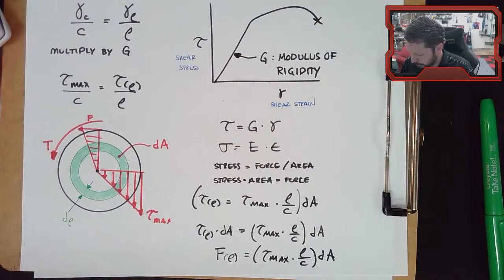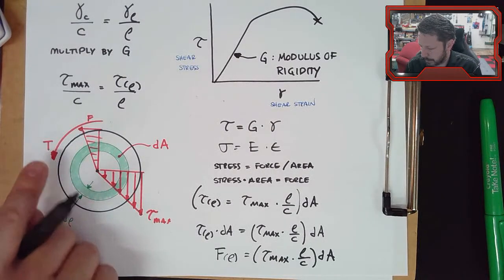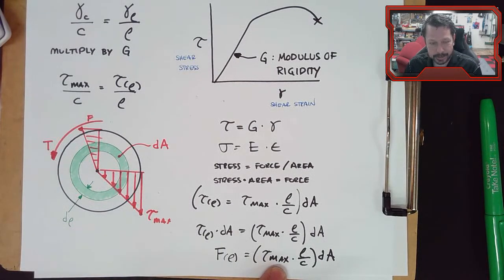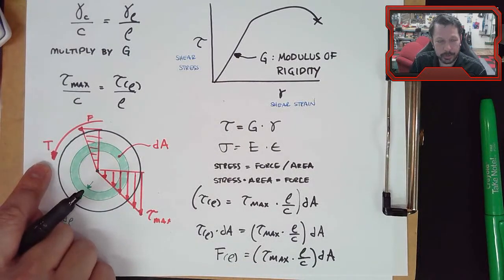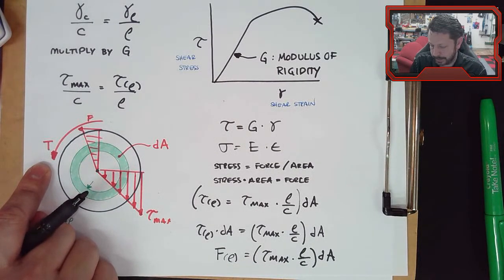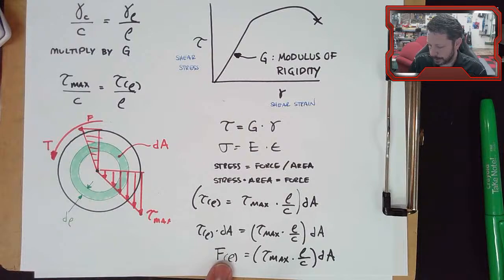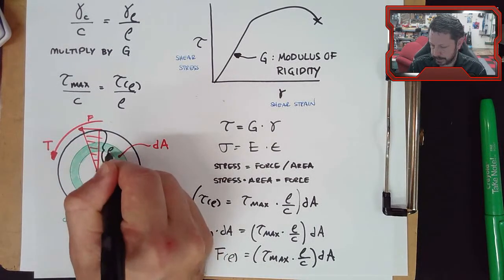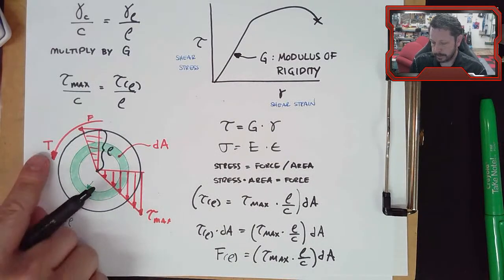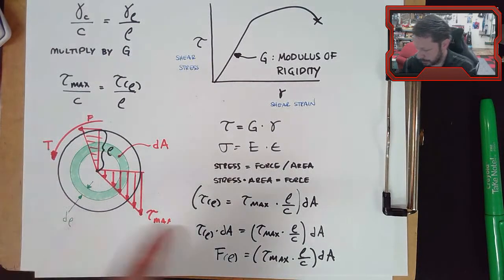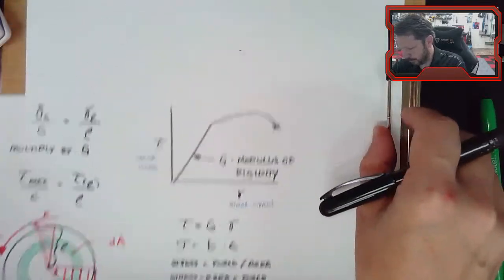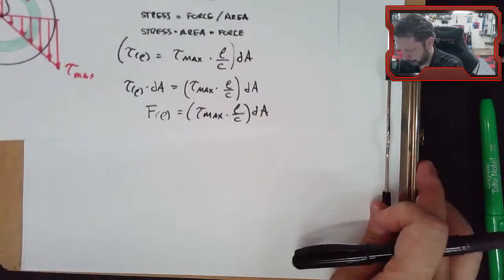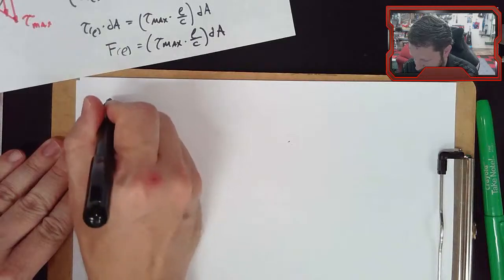Okay, that's interesting. But I really want to relate my stress. I've got tau max in there, so that's what I'm mostly interested in. I want to know what tau max is. I've got it in there, but I want to relate it to the torque that's causing all of the strain and stress. So force times a distance, in this case rho, is this outer torque. So let's start with this. In fact, I'll just copy it down again.